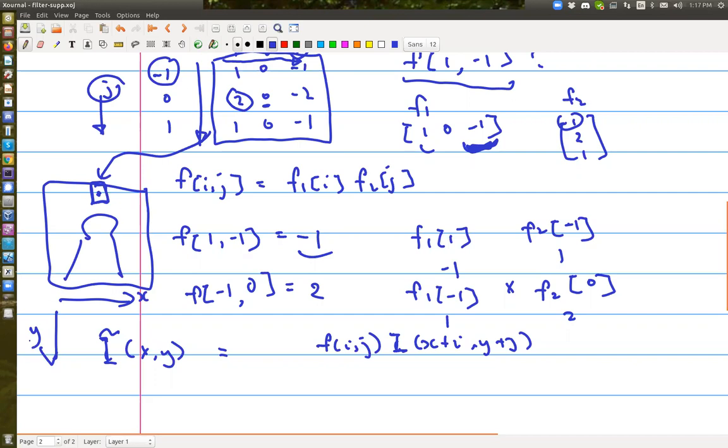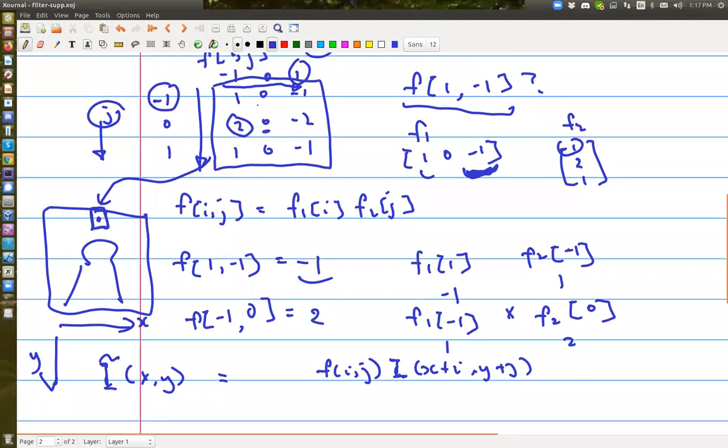But in the function f, ij is the opposite direction, right? I am still drawing the same direction. I is this direction, J is this. Oh, I see. Then in the equation, x represents the column of the pixel, right?